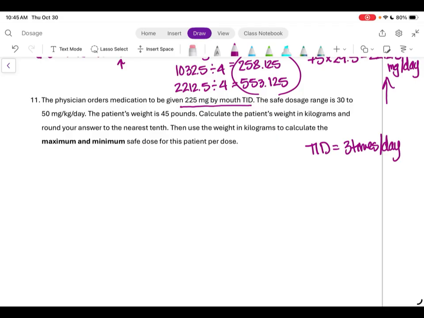So if it helps you, all you do, if it's 24 hours and you're doing it 3 times per day, you divide by 3, and so it's every 8 hours. But the TID already kind of tells you that it's basically 3 doses, so you don't really need to figure out how many hours it is.